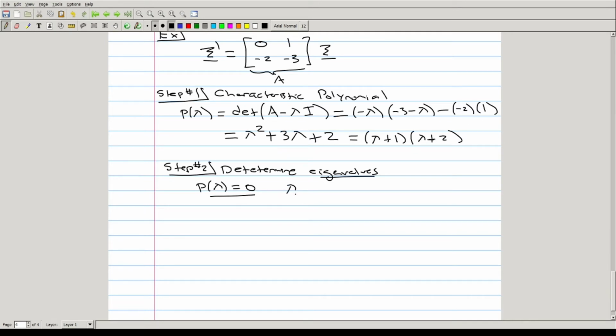So the eigenvalues correspond to lambda 1 equals negative 2, and lambda 2 equals negative 1, because those are the two roots of this polynomial equation. Step 3 then will be to construct the eigenvectors.